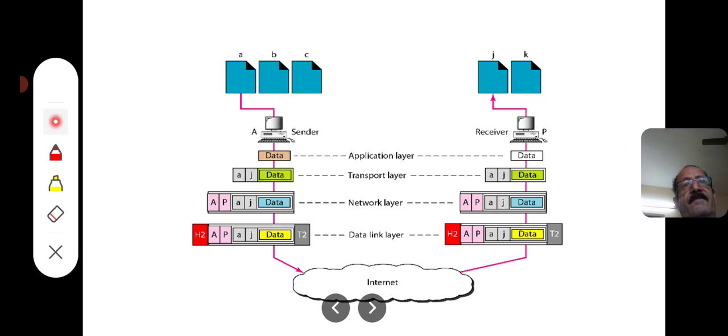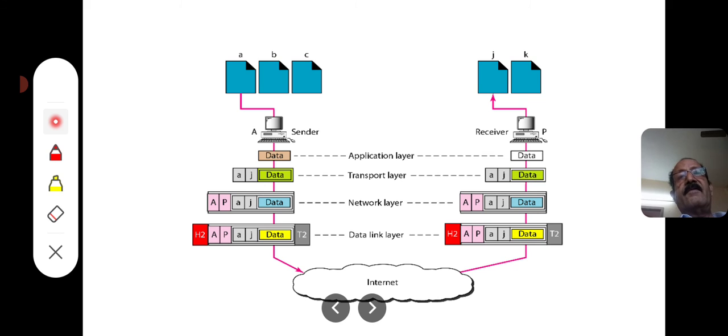All layers are explained clearly. A part of this is already explained in the previous diagram. Let it be repeated. Sender side, application layer generates data, first thing. Then transport layer adds process address, process A to process J. Network layer adds IP address.